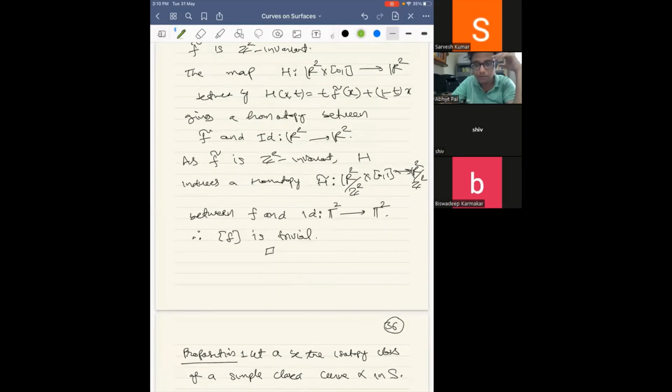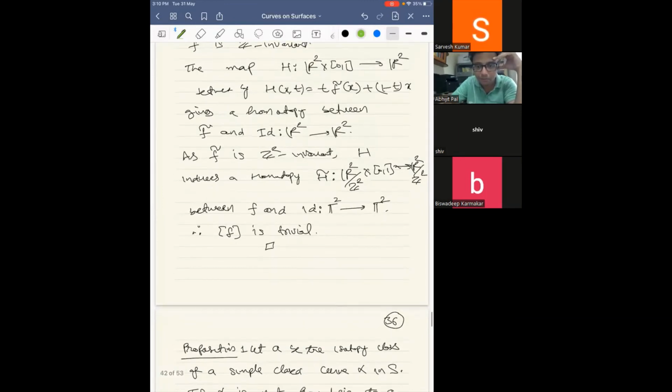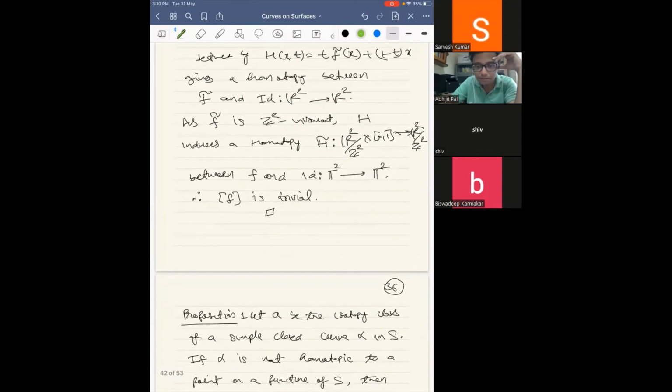Okay, so let me try to draw a diagram and see. You have this R² to R², and then you have this quotient map.